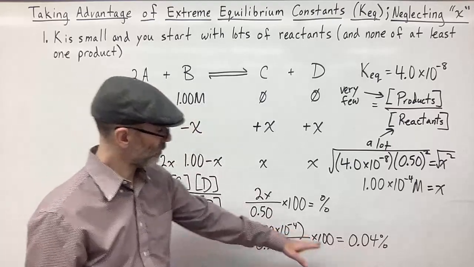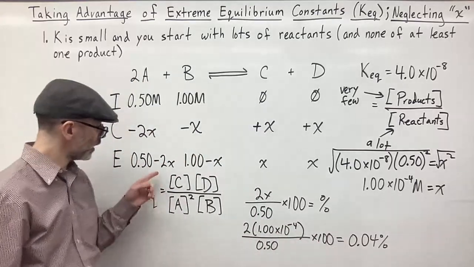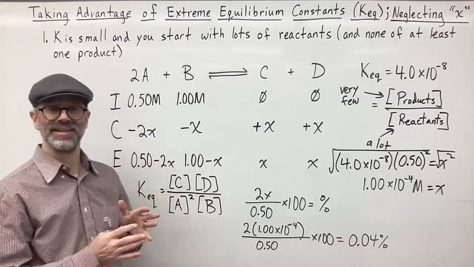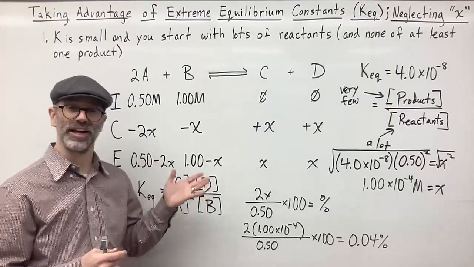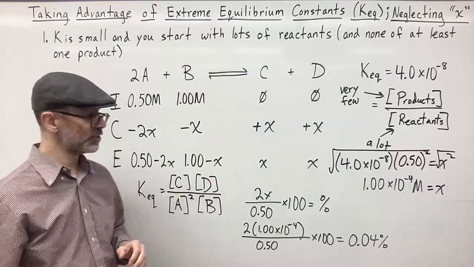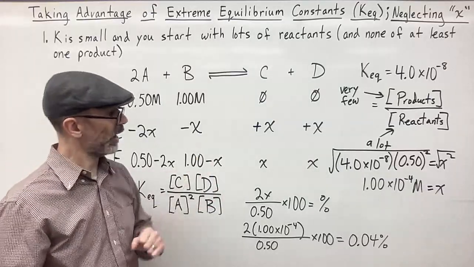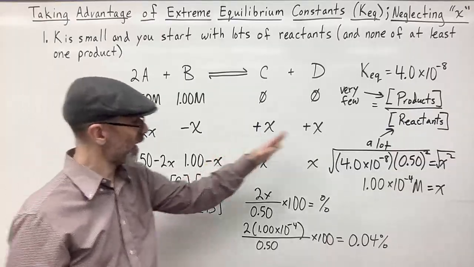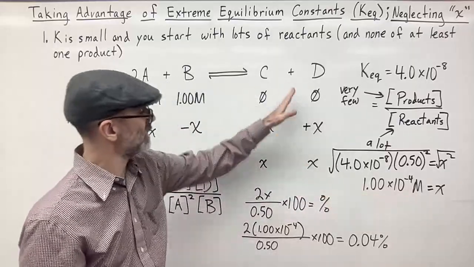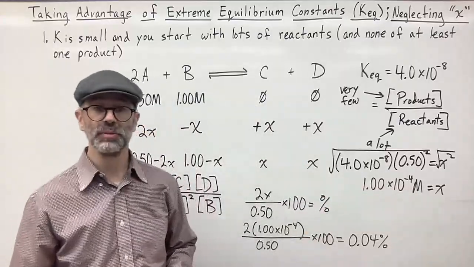That tells me that the assumption that 2x is so small as to be negligible, and therefore ignored, is valid. So now I can accept this as the concentration of C and D at equilibrium.